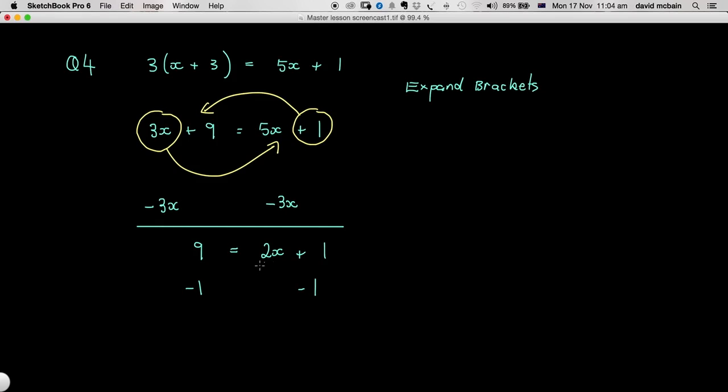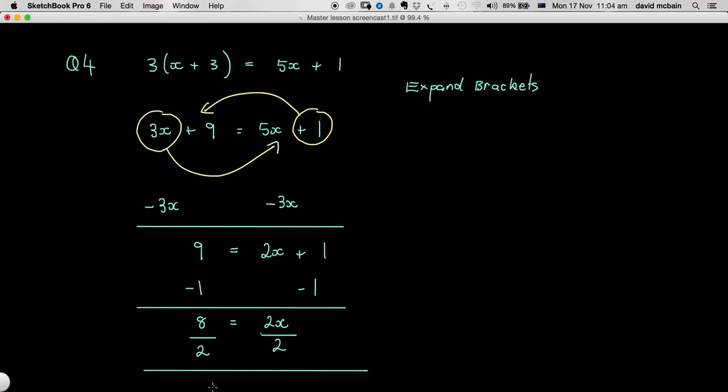And 9 minus 1 is 8, and 1 minus 1 is nothing, so 8 equals 2x. And then finally we divide both sides by the number 2, and clearly we're left with 4 equals x. So the answer is x equals 4.